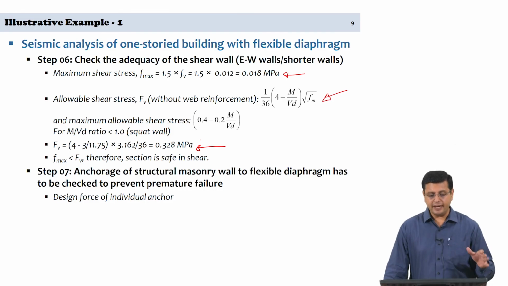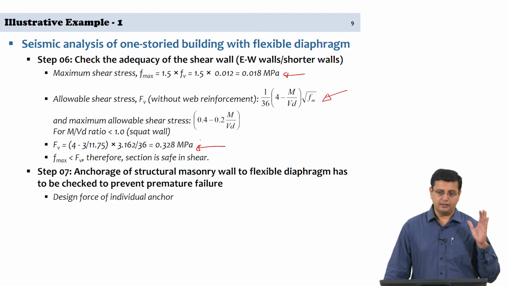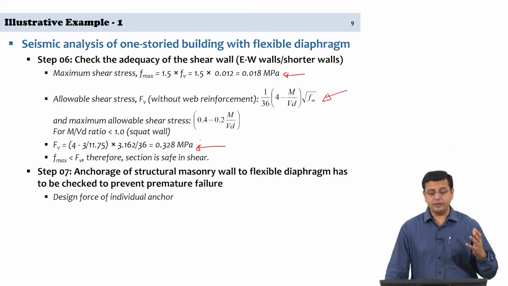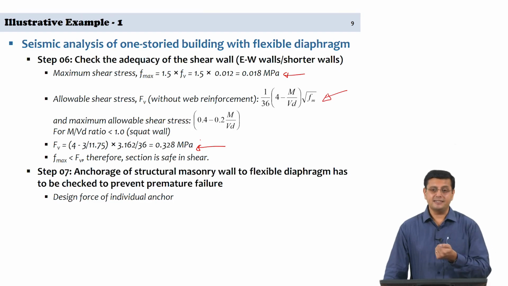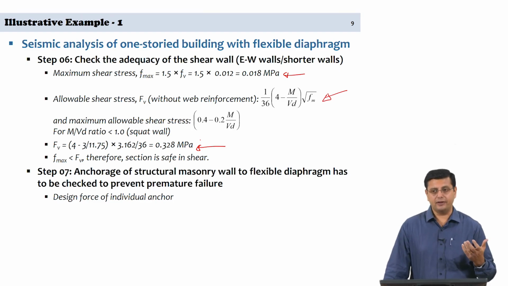We basically looked at what is the seismic force that the diaphragm will be attracting, how much and how is that transferred onto the in plane walls. That is where the collector beams, or the chord beams, come into picture.